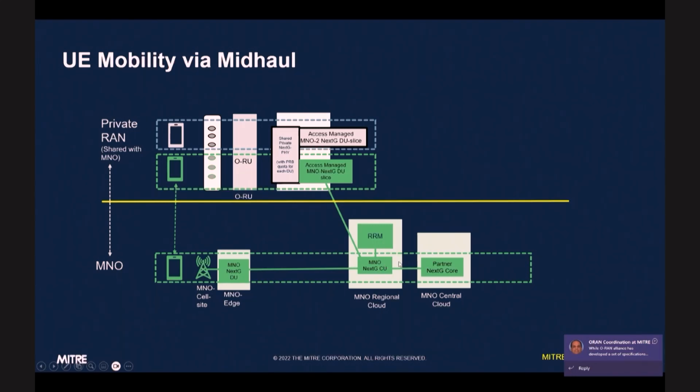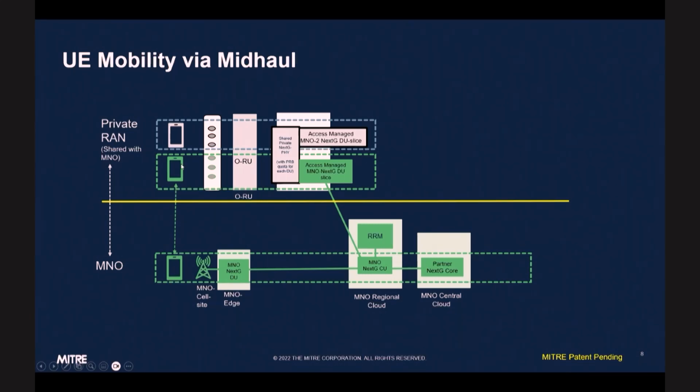Because we have RRM mobility, with RRC, the radio resource control, in the CU, the mobility of the user inside is very smooth, and we are no longer in competition with the signal of the carrier.